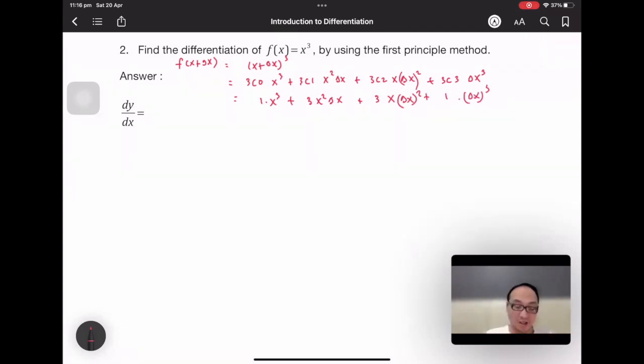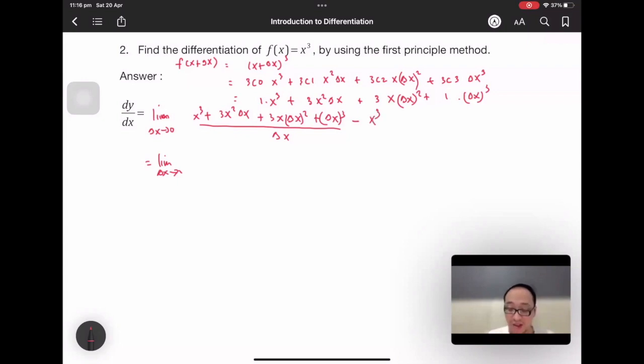So if we use the first principle method, this is the limit for delta x approaching 0 of f(x plus delta x), so we copy this: x cubed plus 3x squared delta x plus 3x delta x squared plus delta x cubed, over delta x. Now we simplify. So this is minus x cubed, so we cancel the x cubed.